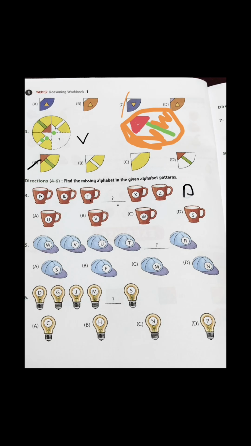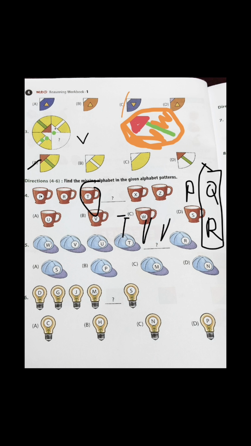So we will add P, then after P, Q, then R. So two letters are here. We will use the same technique over here. So it's T and then U, then V. So what will be present over here? Yes, it's V.